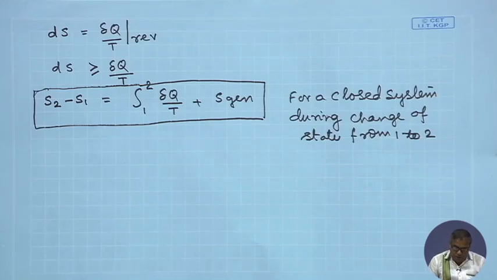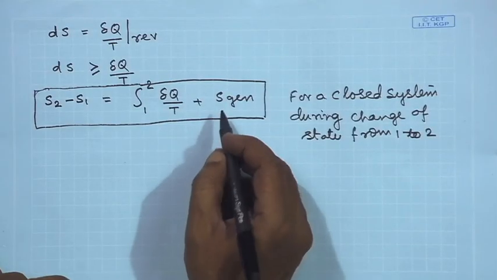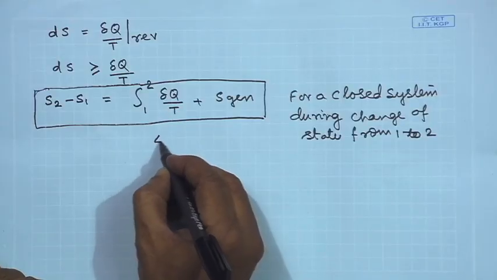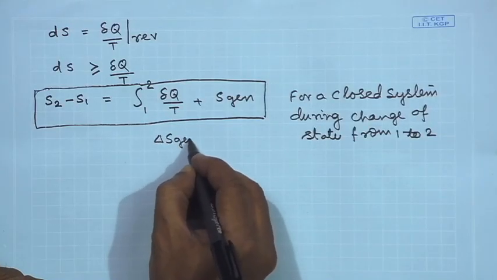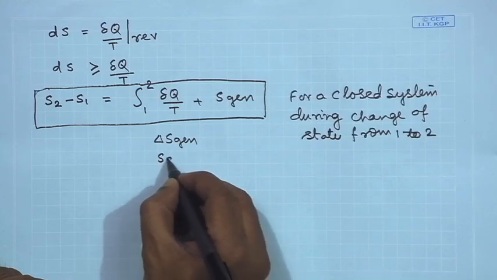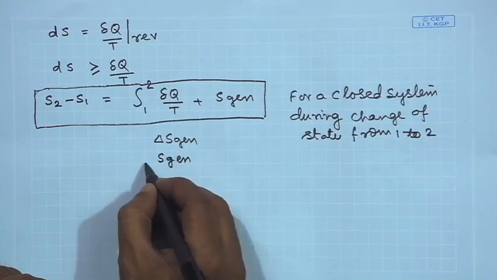So, this is one concept, again very unique, and we should pay due attention to it: whenever there is a process, there will be entropy generation if there is any irreversibility. So, entropy generation S gen, again one can write it as I have told, it is an integration process, one can write delta S gen, or more correctly S gen 1 to 2.